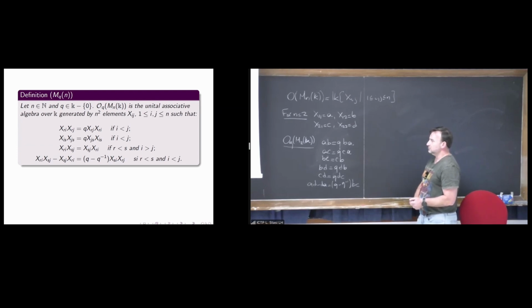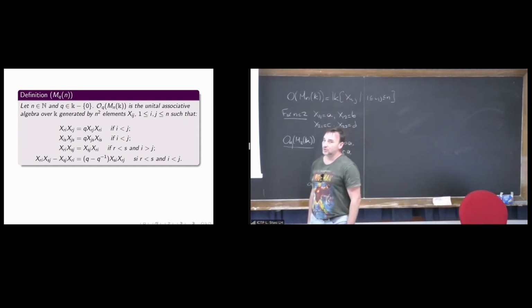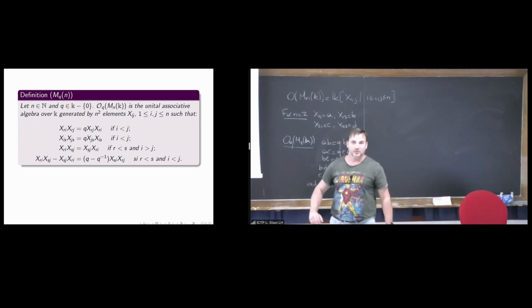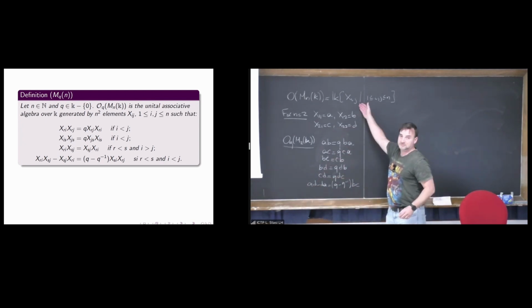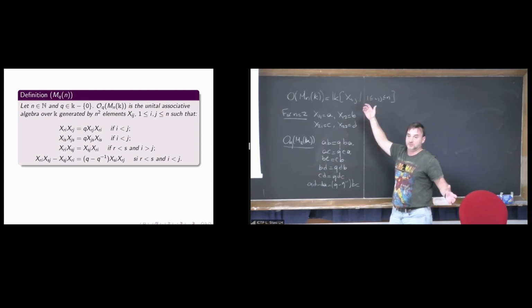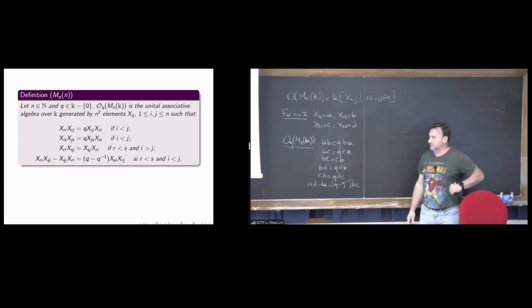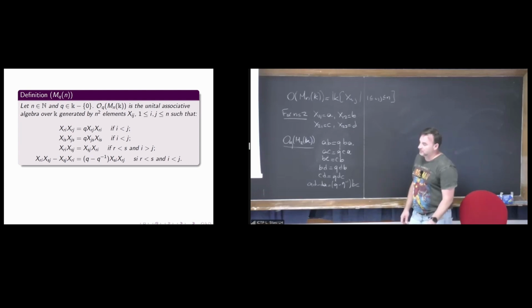As I said, q could be any nonzero number. If we put q equal to 1, then we get our algebra. So it means that it's a kind of quantization. When q is equal to 1, we get the classical case. So we are quantizing our algebra of functions on the matrices.